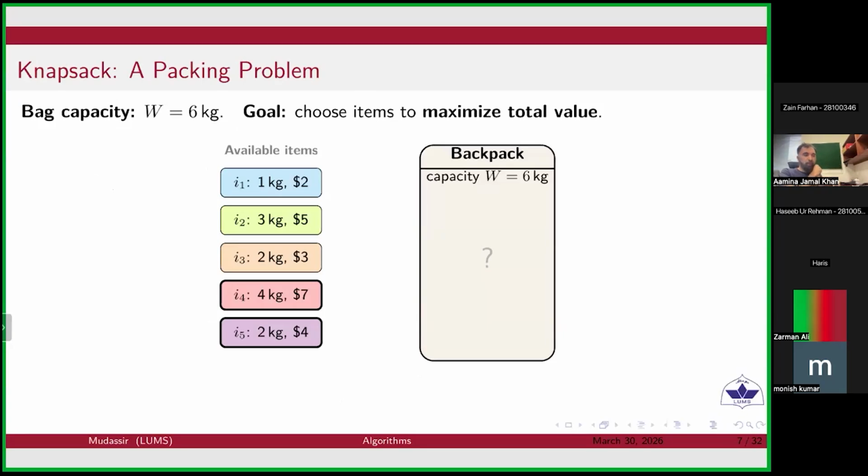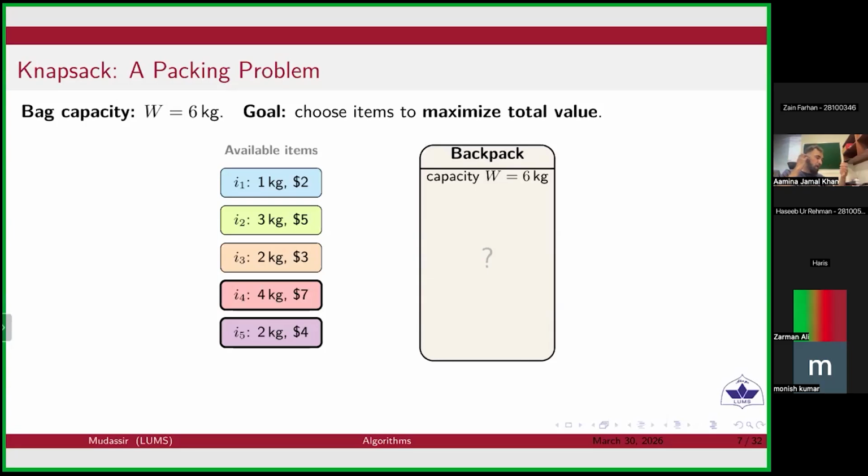You also have a backpack whose capacity is given, which we denote by W. What you want to do is pick up items to maximize the value. You want to pick up items with a lot of value, but you cannot go overboard on your capacity.